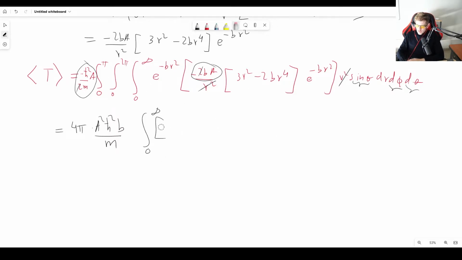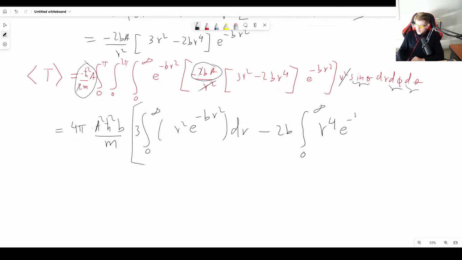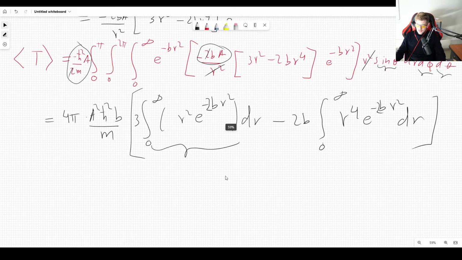So we have 3r squared e to the minus br squared dr, minus 2b, actually, if I'm already writing like this, I'm going to put the 3 out here. So minus 2b integral from 0 to infinity of r to the fourth e to the minus, oops, it's 2b by the way, 2b r squared dr. Okay, so these are the integrals that we now need to solve. Now notice this one right here. Oh, I erased it, but it's the same that we had before, actually.